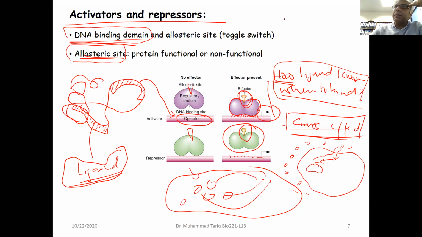In eukaryotes, for example, this is the cell membrane, the plasma membrane, and you have the nucleus. This one is the nucleus. Now, there are some proteins present on the cell surface, and the ligand is coming from a neighboring cell. These proteins lying on the cell surface are bound by this ligand. And then this activates a cascade of reactions within the cell, which then has an impact on the chromosomes or gene regulation.